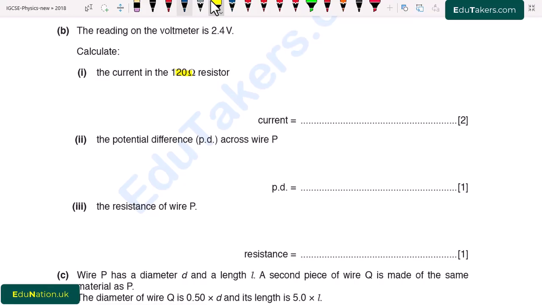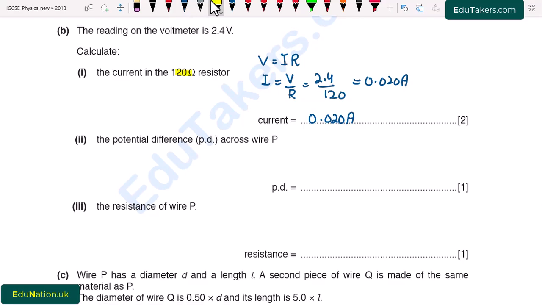Using Ohm's law, V = IR, the value of I will be equal to V over R, where V is 2.4 volt and R is 120. So the value of current comes to be 0.02 ampere. This is the current in the 120 ohm resistor. I write here current is equal to 0.020 ampere.